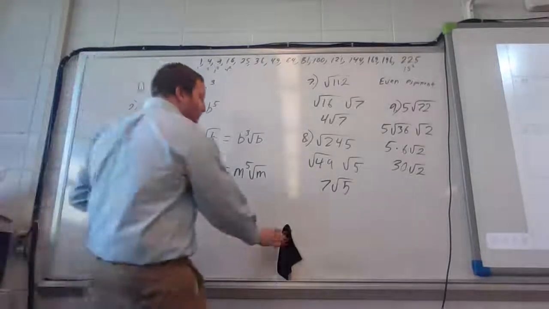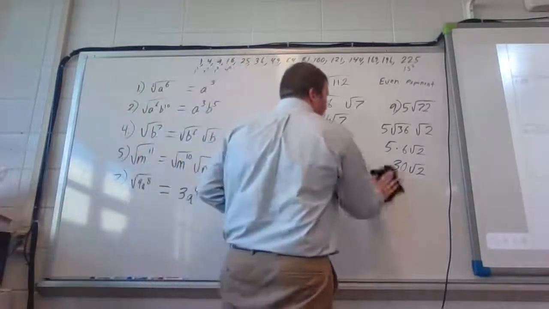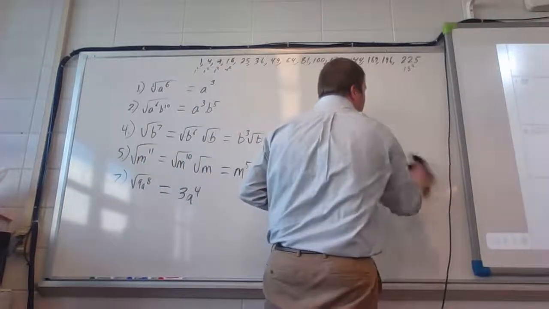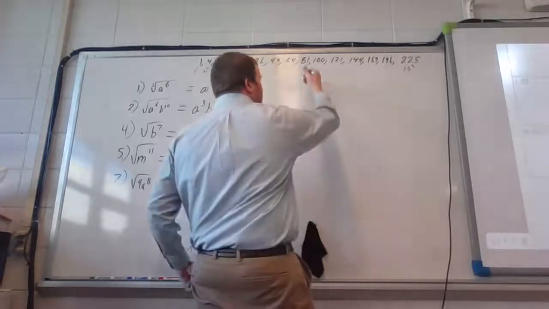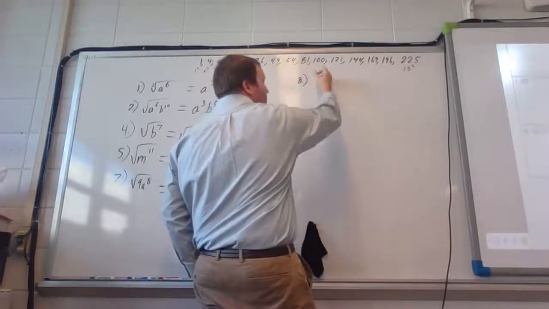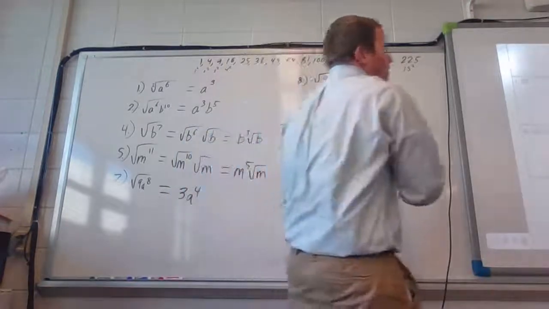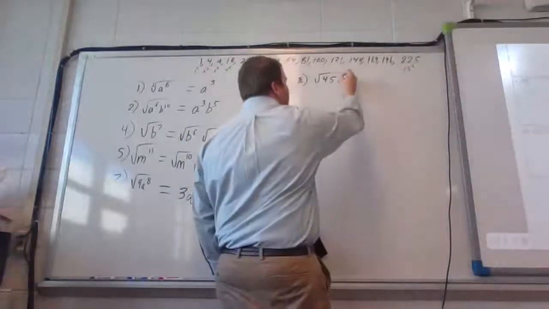Number 8, however, again, is not a perfect square. So we have the square root of 45a to the 7th.